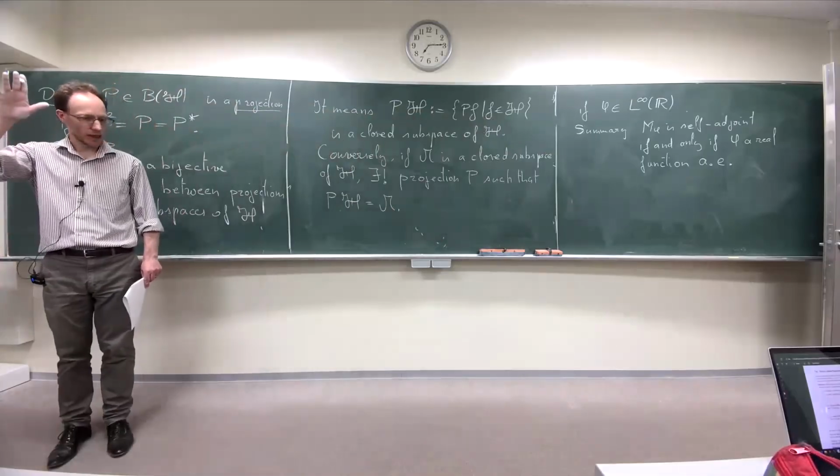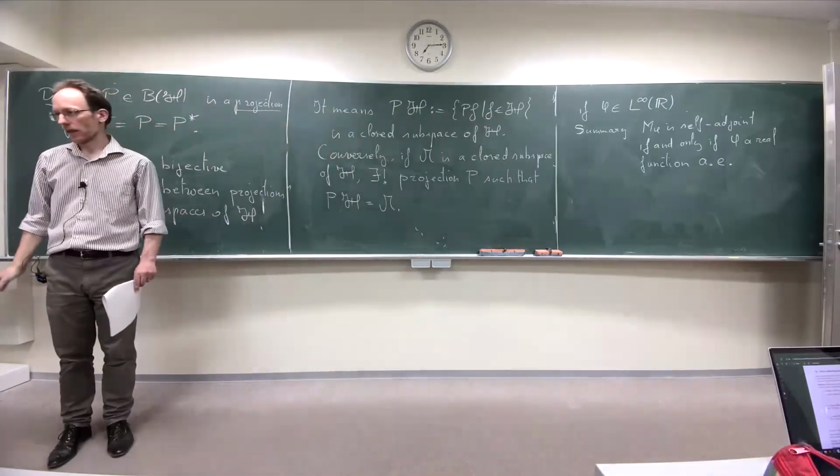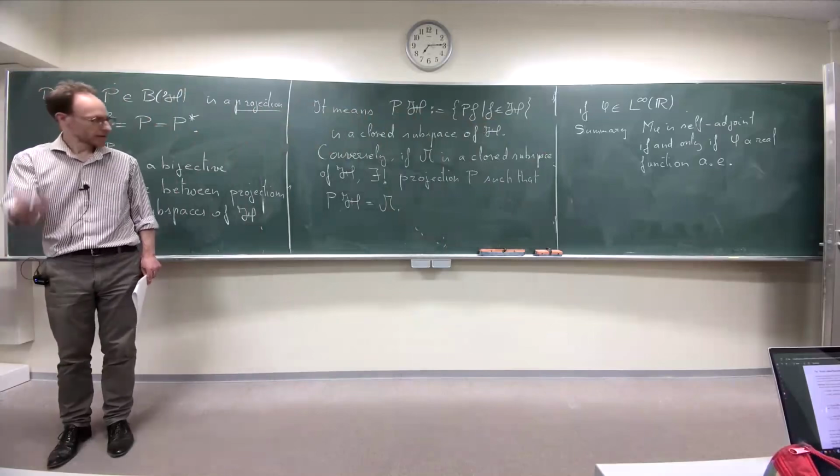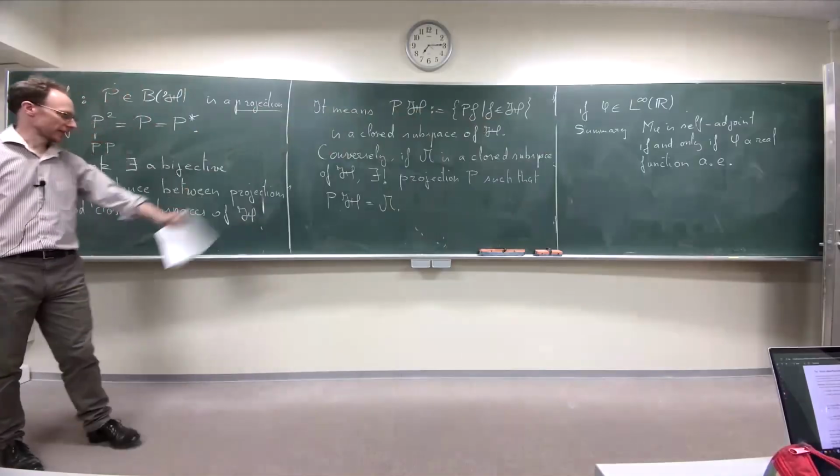Whenever you have a projection, its image is a closed subspace, or whenever you have a closed subspace, there exists a P which satisfies this.